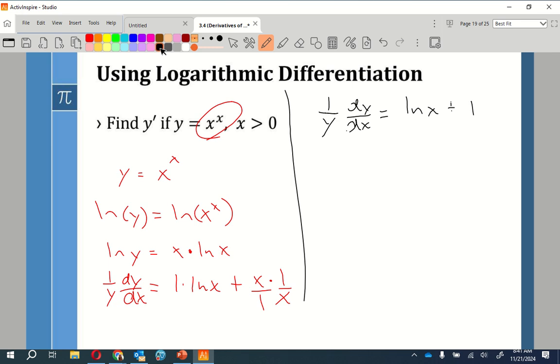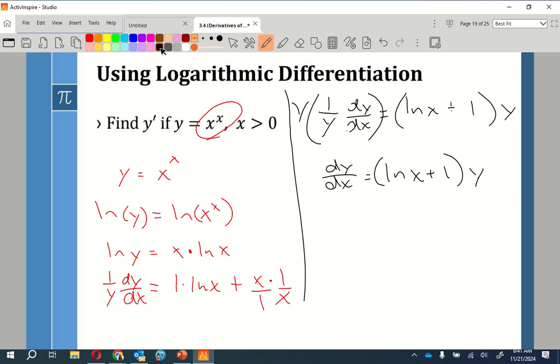Okay, it's almost there. What do I have to do with that 1 over y now? Multiply by y, so let's do that. I'm going to multiply both sides by y, so I get dy dx is equal to ln x plus 1 times y.